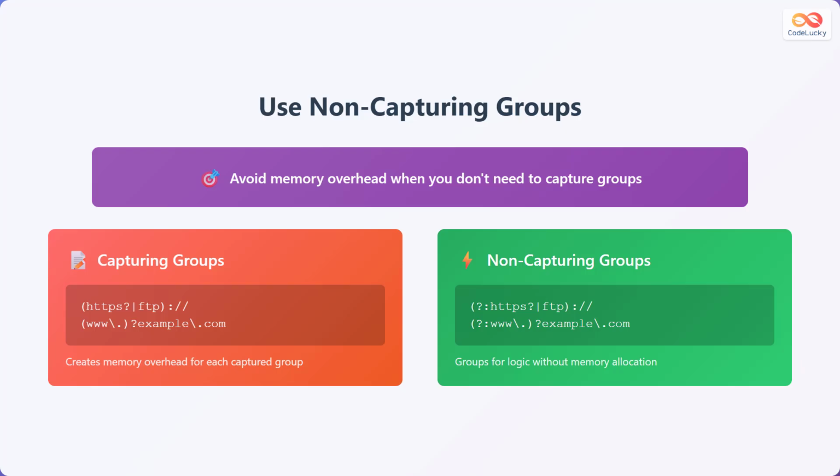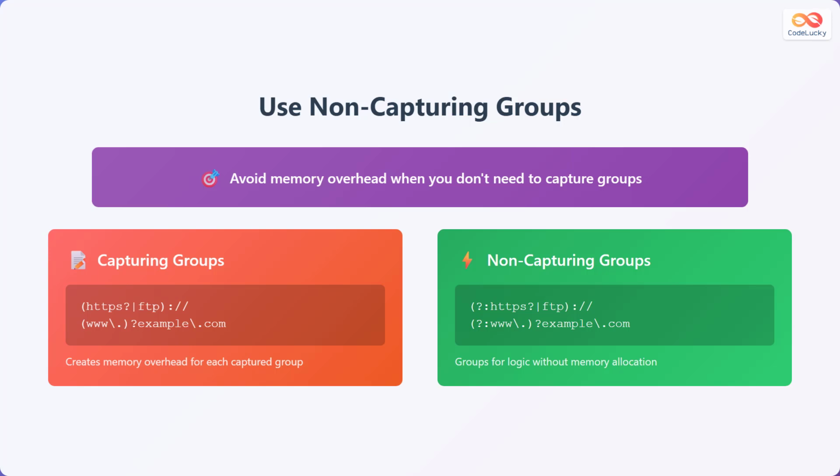Another way to improve performance is by using non-capturing groups. Non-capturing groups will help you avoid memory overhead when you don't need to capture groups. Using capturing groups such as (https|ftp)://(www/)example/ creates memory overhead for each captured group.